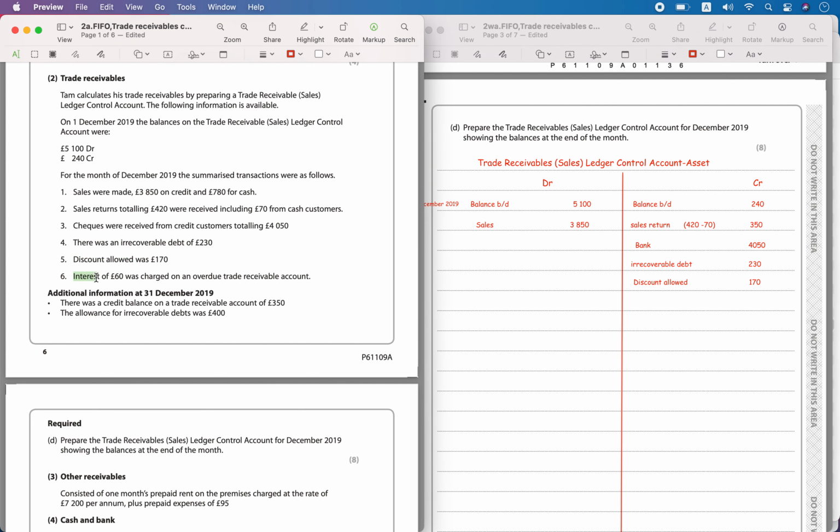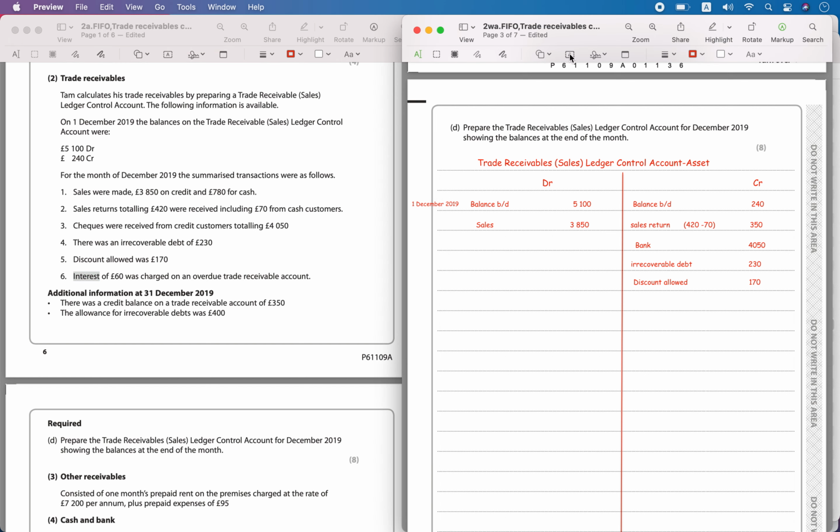Then interest was charged due to overdue, so the interest charge will appear on the debit side. That's going to be around 60.